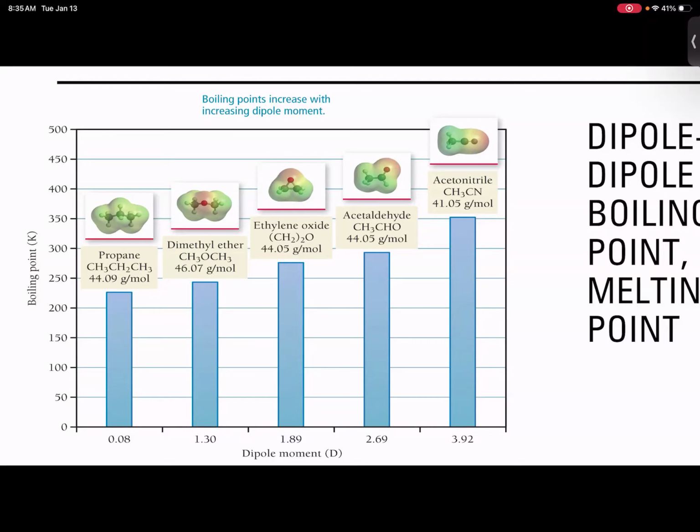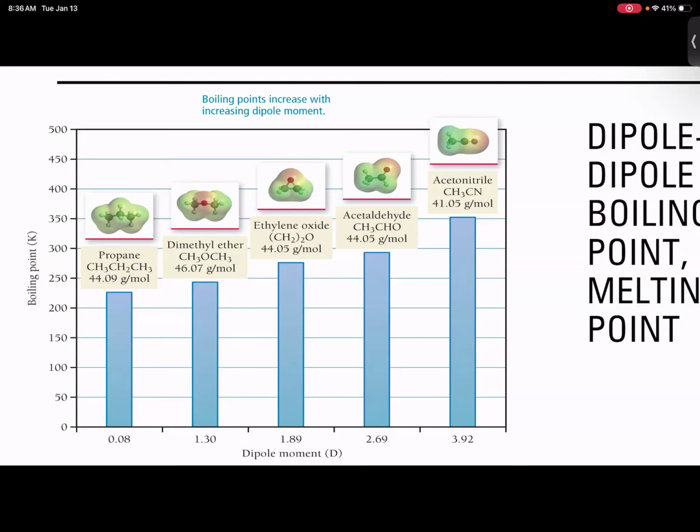But if you notice, those 4 have higher boiling points than this propane. That is because propane has only dispersion forces, because propane is a nonpolar molecule.